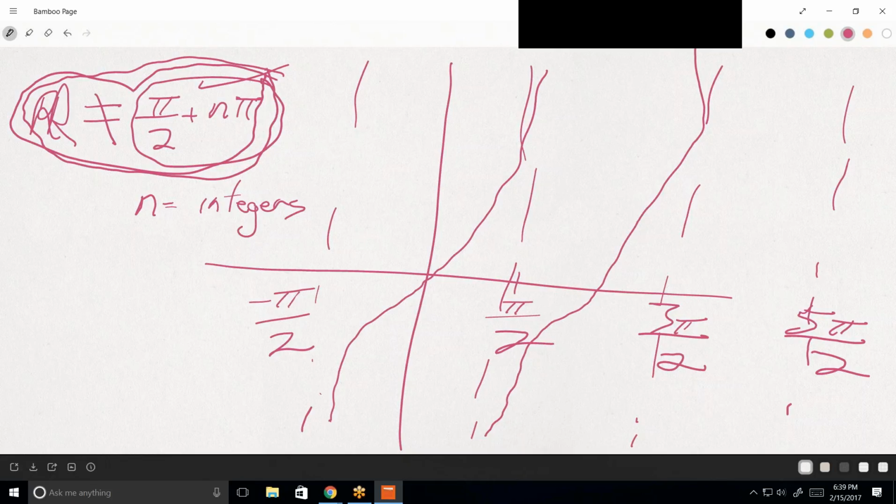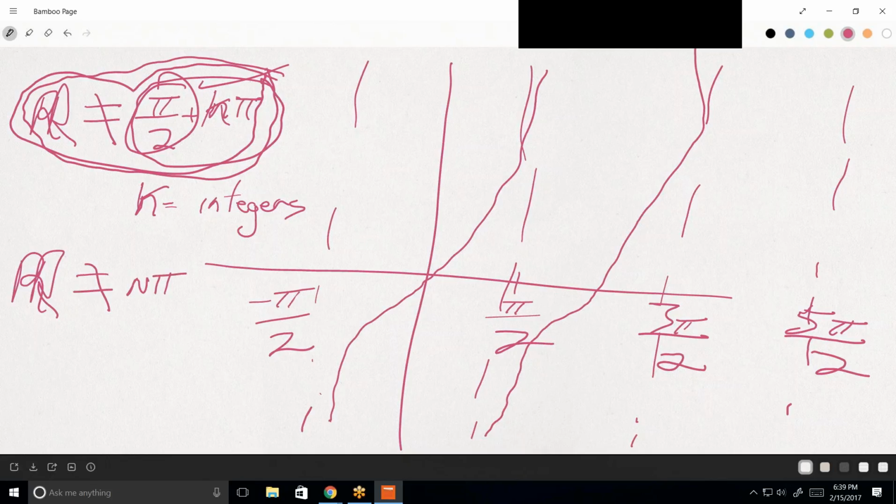And it won't always be n. Sometimes they use k. In your class, they might use k. But nothing changes. It's still all integers. The tangent one's a little tricky because I had to have this first part. The cotangent one is easy. The domain of cotangent is all reals except n pi.